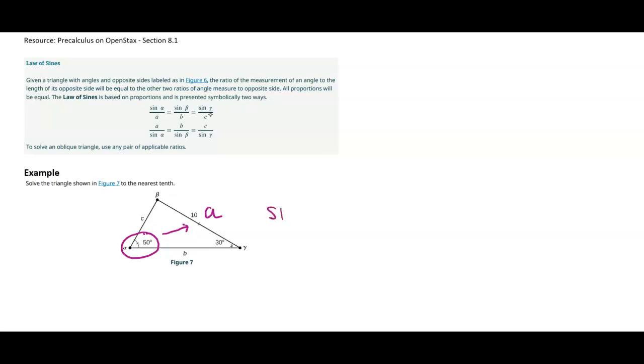So sine of 50 degrees, which is not a known angle, I'm going to use my calculator for that, over 10 must be proportional to the only other thing I know here, this angle, so the sine of 30 degrees over C. Now you can only use this if you have one unknown.